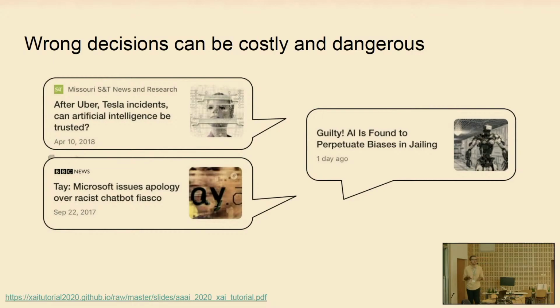So first, the problem that appears is that people ask, can we trust deep learning, right? And this is very problematic, because if people think that we cannot trust something, they don't want to use it. They're getting afraid of it, right?